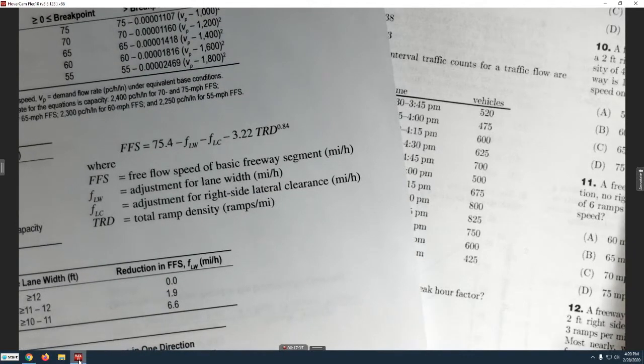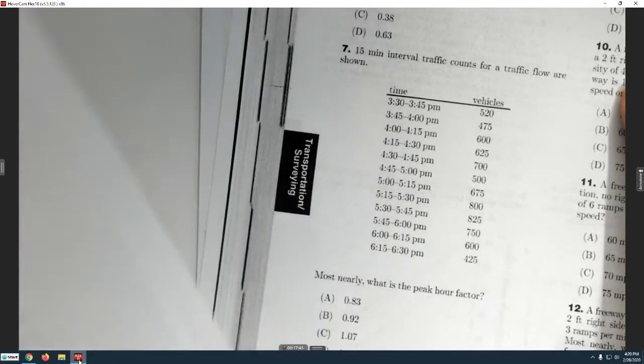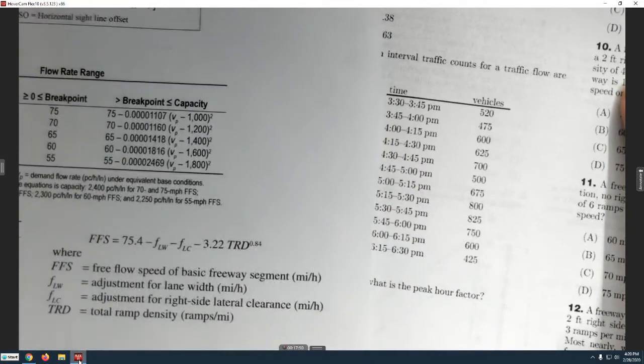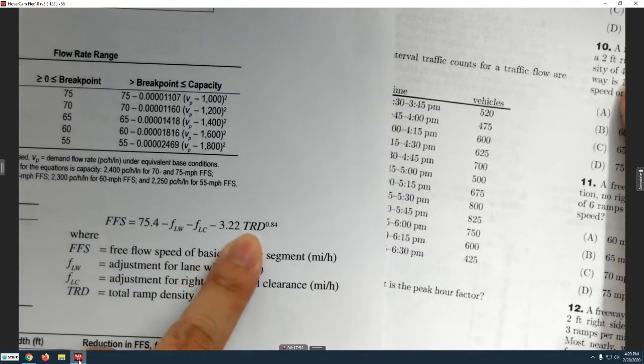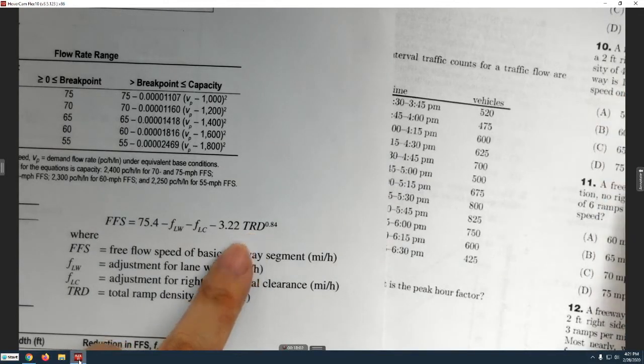This is a 2-lane, so this is 2.4, and then 4 ramps per mile. For this one you need to use the TRD, total ramp density. And the hourly volume of the freeway is 1,800. So what is the free flow speed?